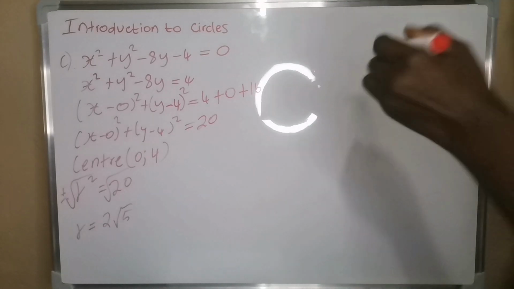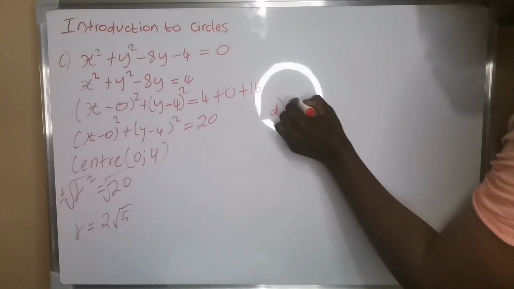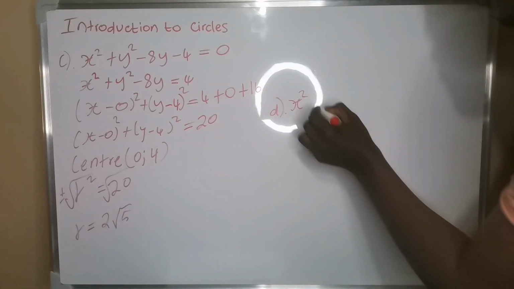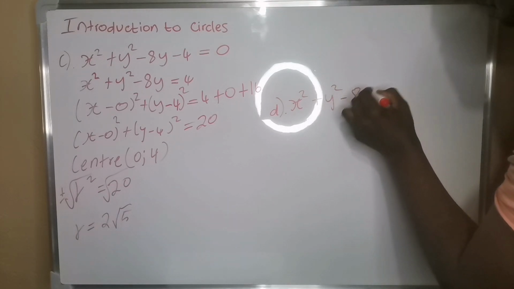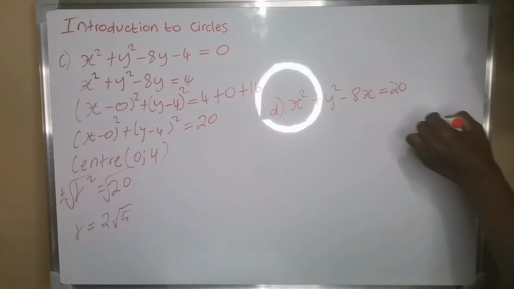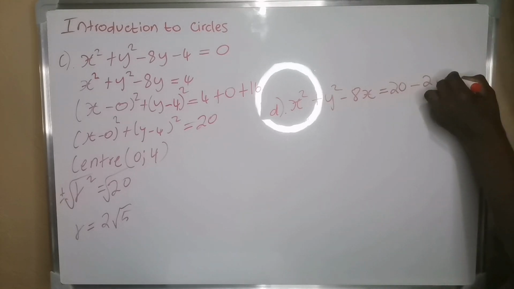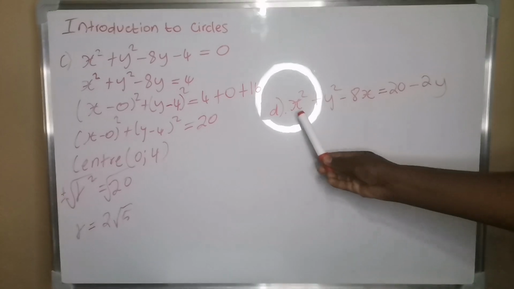Then perhaps the last one, number D. Number D, we have x squared plus y squared minus 8x equal to 20 minus 2y. Now this one seems horrible.